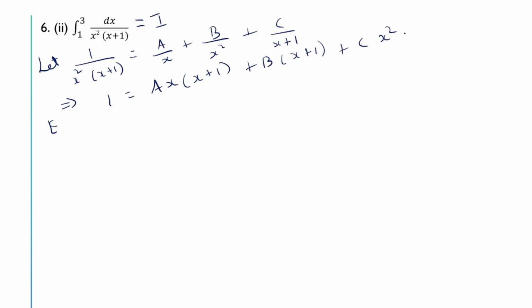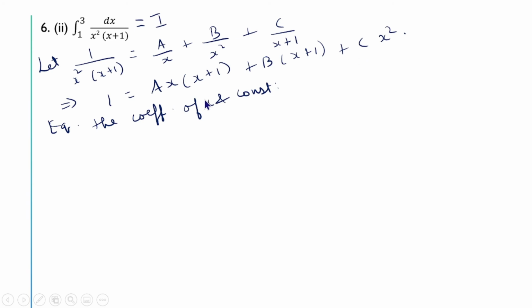So now equating coefficient of x and constant terms. So here when we substitute x as 0, we can find b because the terms with a and c will go. Then when we substitute x as minus 1, we can find c.